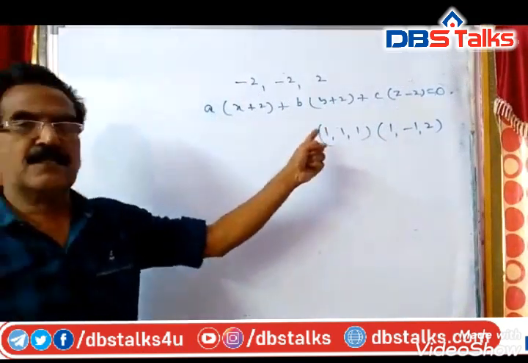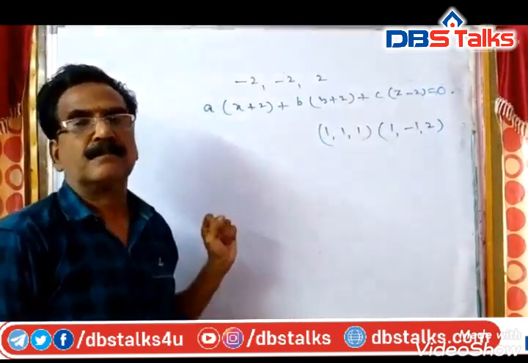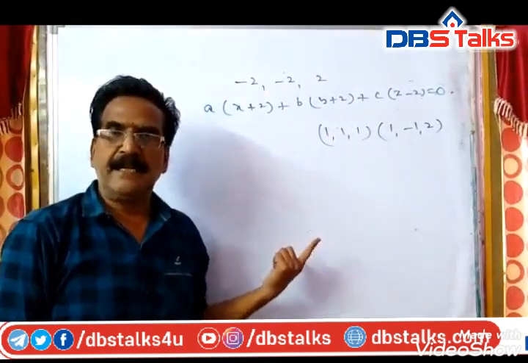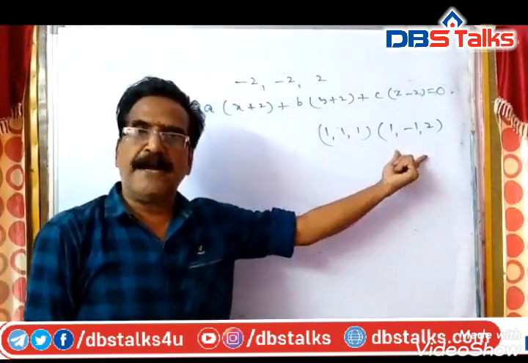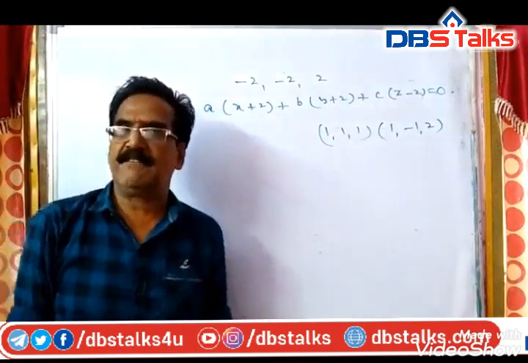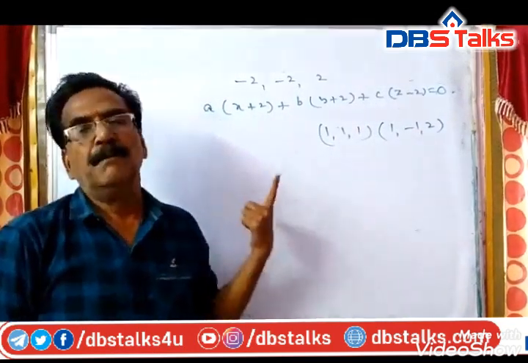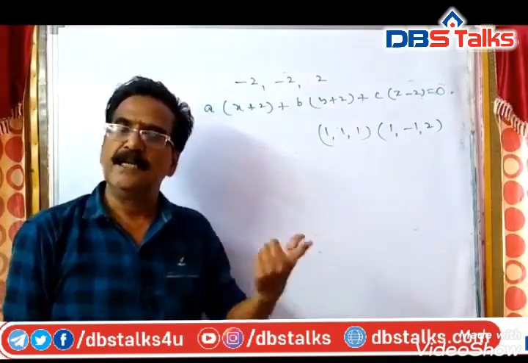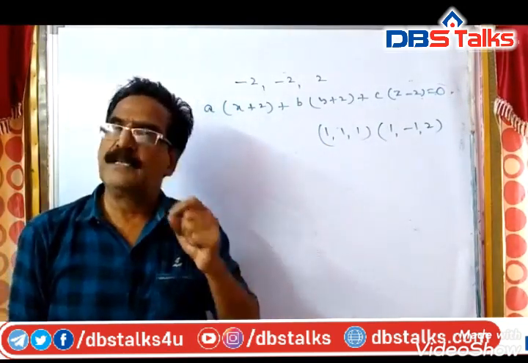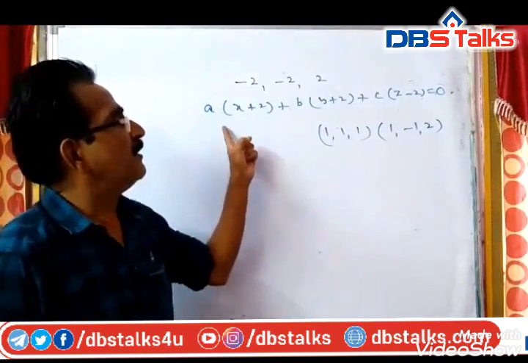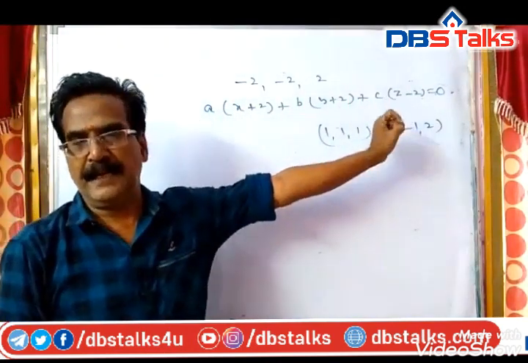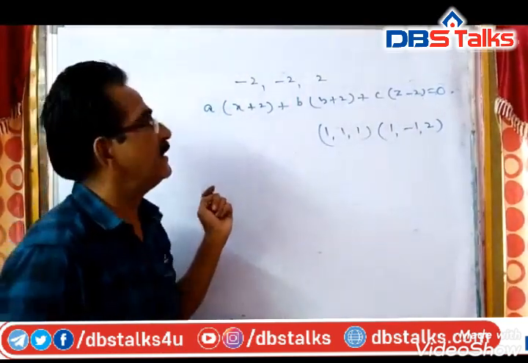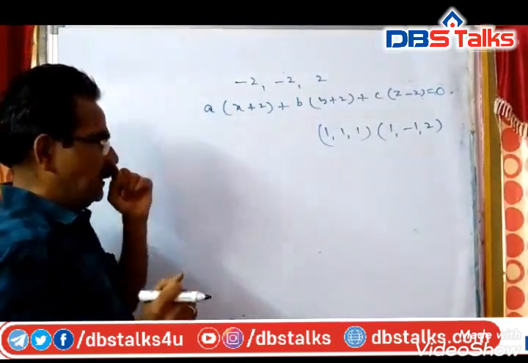So you can substitute each point and get an equation in a, b, c. Substituting the other point gives another equation in a, b, c, and by the cross multiplication method you can find the values of a, b, c and the equation of the plane. Okay friends, or shall I do it? It's not necessary, I think. Okay, I will do this problem.